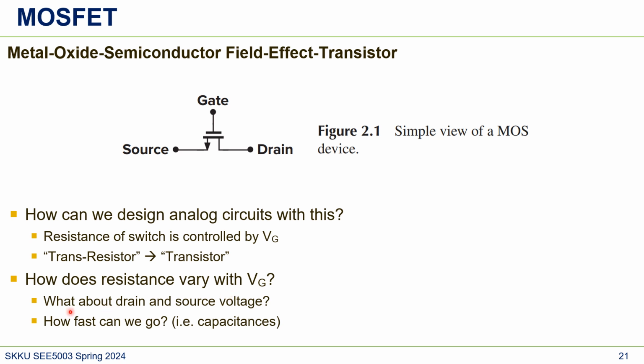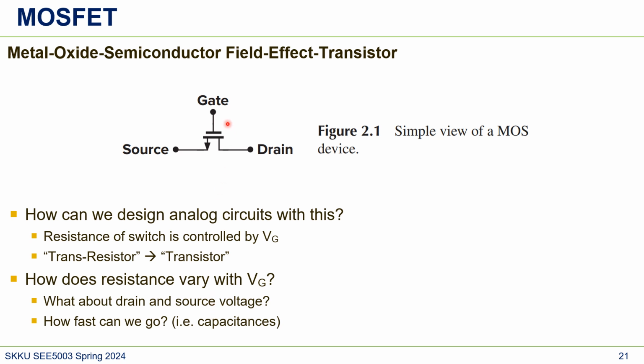And what about the drain and source voltage? We said the gate voltage changes the resistance, but does the voltage of source and drain impact the resistance between them? And how fast can we change the resistance, how fast can we trans-resistor?